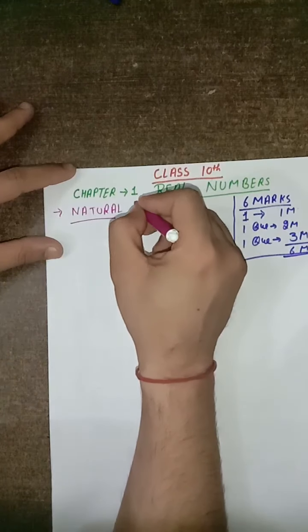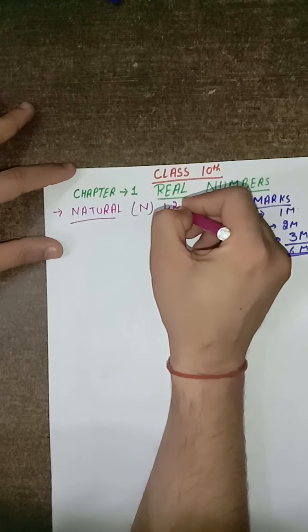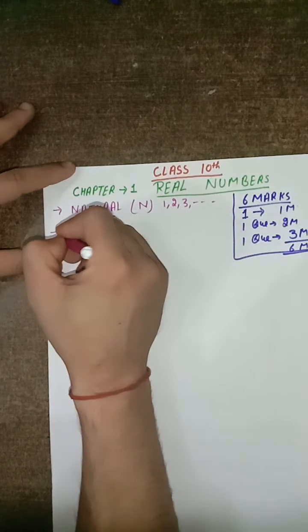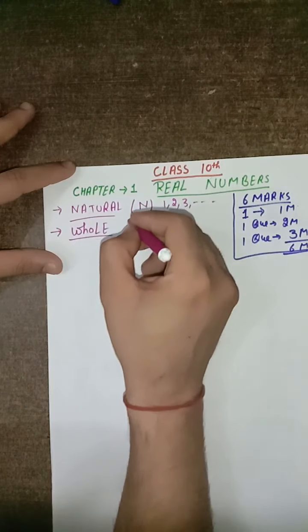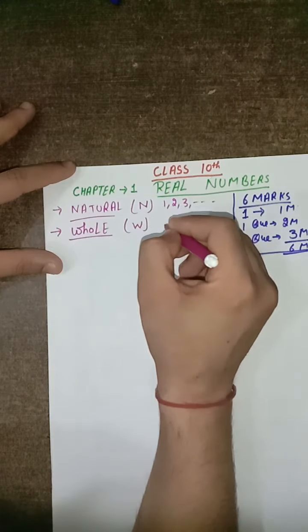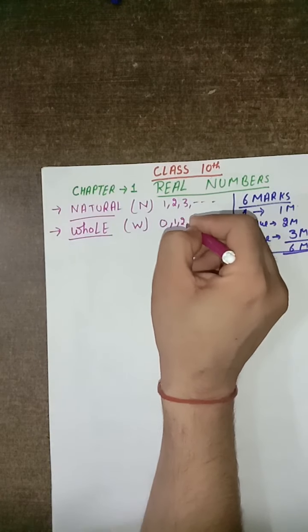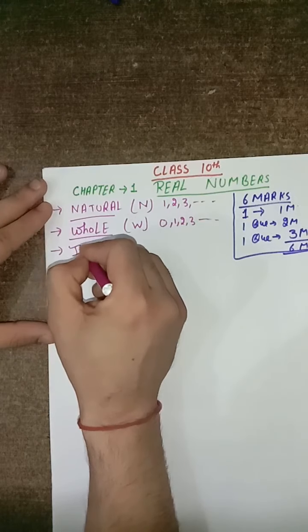Natural numbers are denoted by capital N, and examples are 1, 2, 3 and so on. The second number is the whole number, denoted by capital W. When we include 0 in the natural numbers, then it becomes the whole numbers. And the third number is integers.